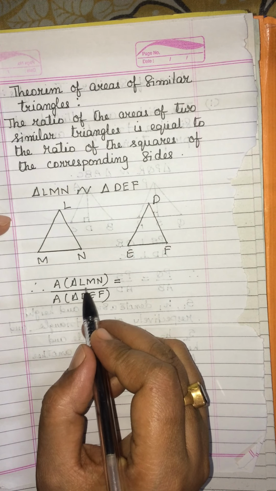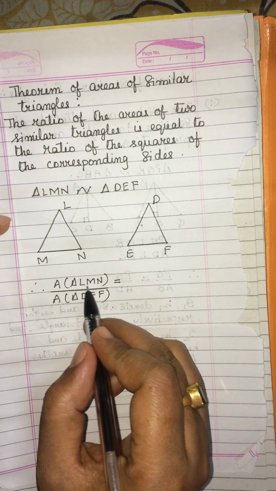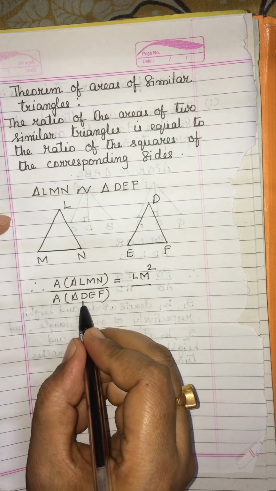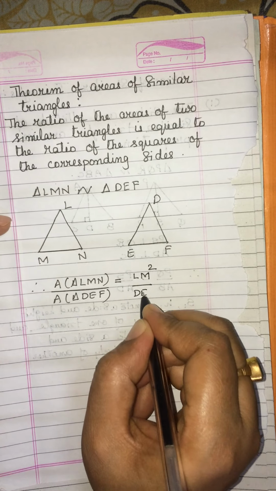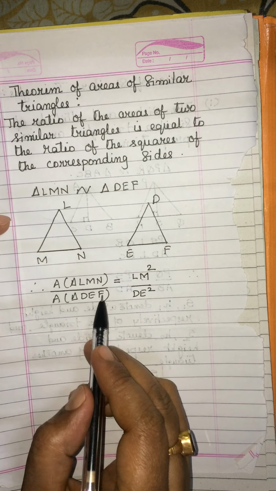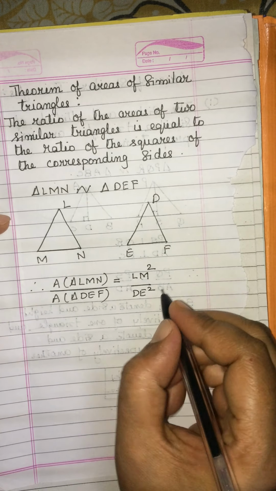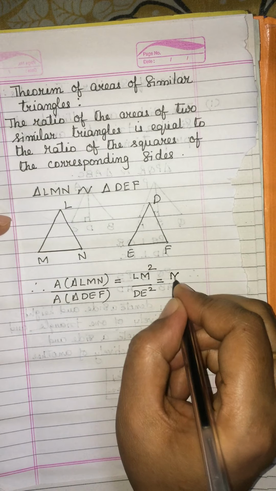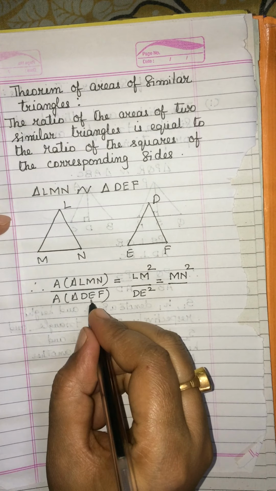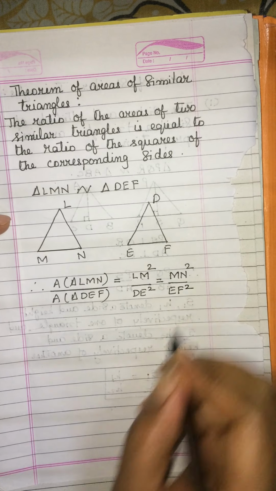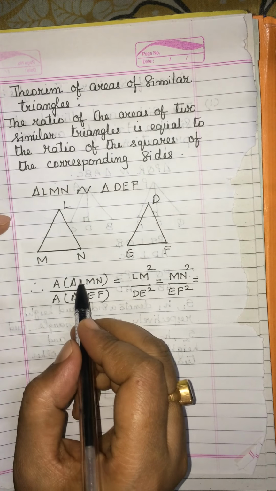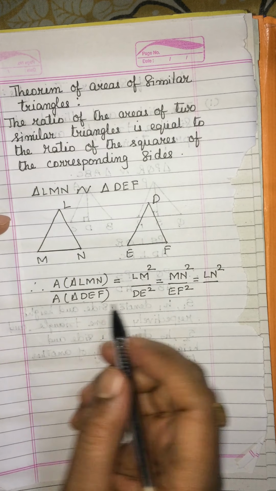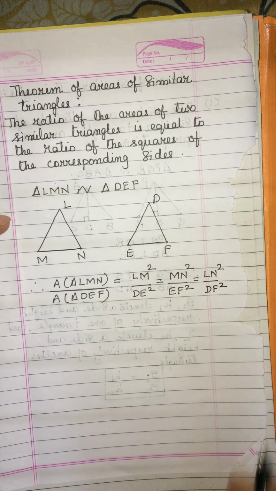If we take the side of the first triangle as LM, then LM squared upon DE squared, in the sequence of the names you have taken, will be equal to MN squared upon EF squared, will be equal to LN squared upon DF squared.